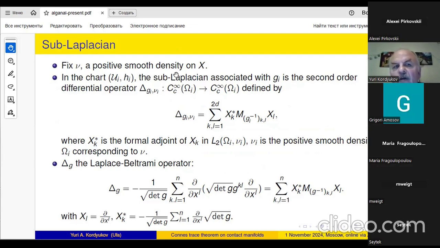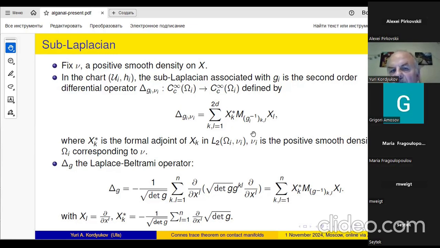Density, roughly speaking, means volume form, so a smooth positive form of top degree. And then, having fixed this, we define this sub-Laplacian locally in this way.